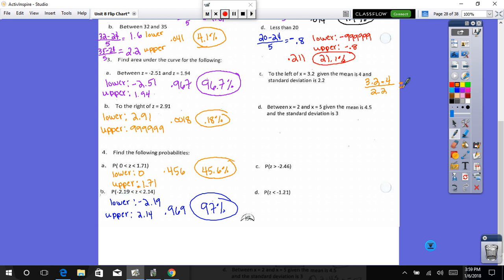That gives us a z-score of negative 0.36. That's our z-score. It wants to know to the left of that. So my lower is unknown, and my upper is my new z-score that I just found.